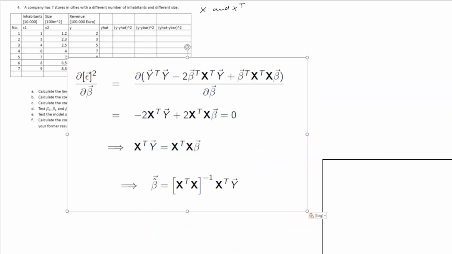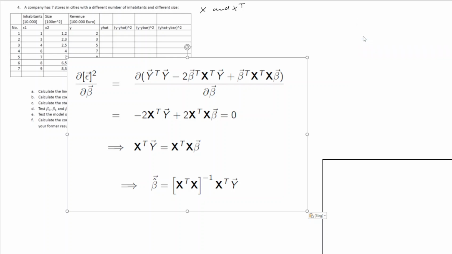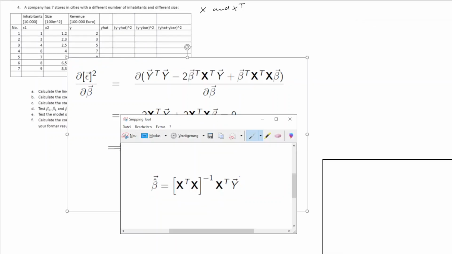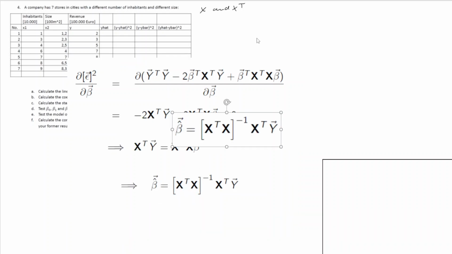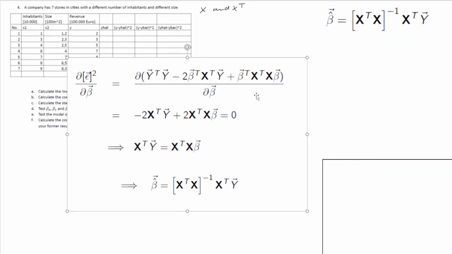And we only need this one. With this, we want to end up. This is our aim.